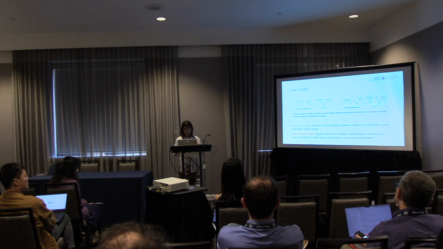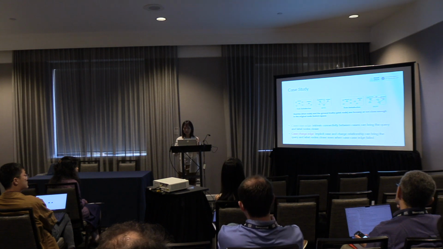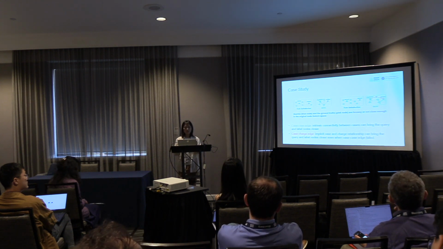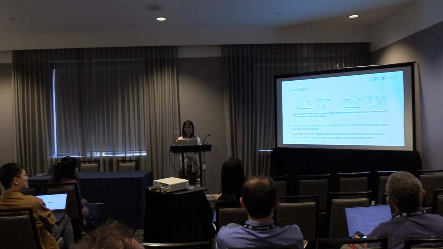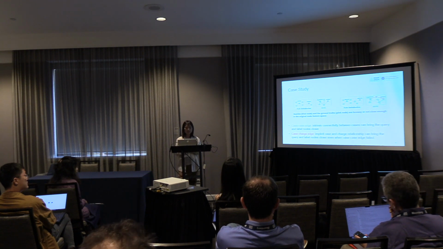And also, in the second graph, we can see that even when case-to-case edges fail, the case-to-charge edges can also bring the cases together by utilizing the implicit case and charge relationship.